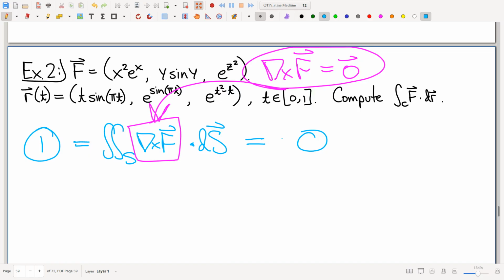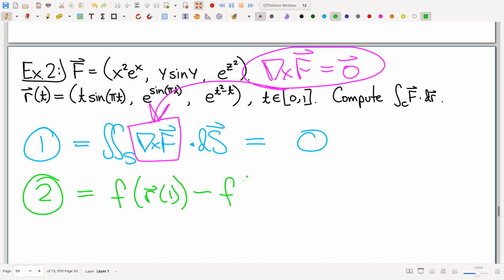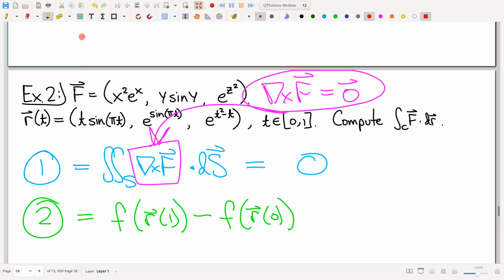All right, let's see the second way to do this. Second way to do it, as it turns out, also really nice. I can cite the fundamental theorem, and I get f of r of 1 minus f of r of 0. Now we have another nightmare here. Oh my gosh, I'm going to have to figure out what is the little f.